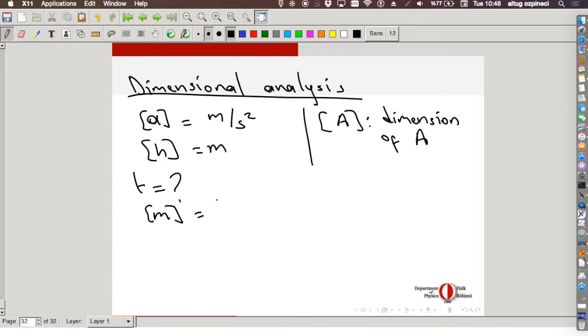So this time, we have solved the equations, but let's forget the equations for the time being. The problem has these three parameters. The acceleration can ideally change, although on Earth it will be the same, but the time might depend on the acceleration. It will definitely depend on the height. And in principle, it can also depend on the mass.